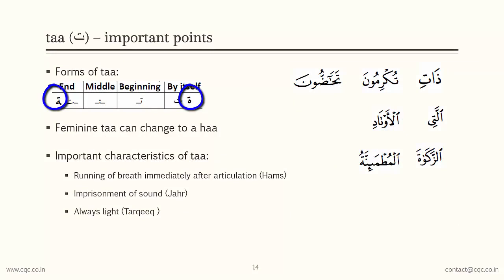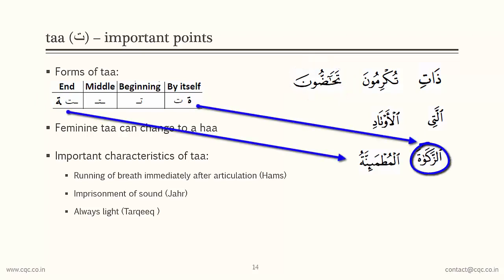Also, we already saw the cryptic form of ta, in which it can come attached to the letter jim, ha and kha. Besides this form, there are two forms of the standalone ta, as well as the ta that comes at the end of the word. Look at these examples here and here. This form of ta is also called ta ut-ta'neeth, or the ta of femininity.